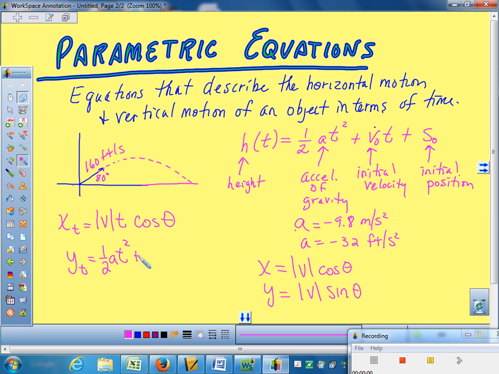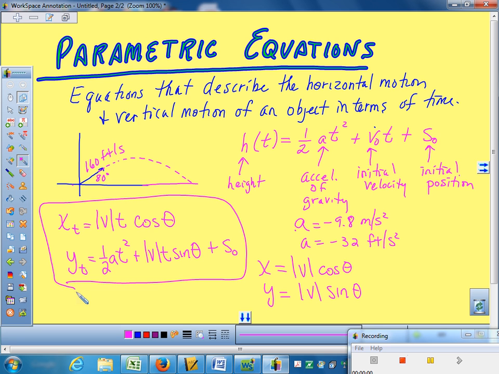So instead of just having velocity times time, it's going to be your velocity times time times sine. You have to add that angle in there in order to shoot it off at an angle, plus so. Those two equations you are going to do on every single problem. You're going to live or die by those two, every single problem. I actually think parametrics are easier with this because you know you're doing those two formulas every time.